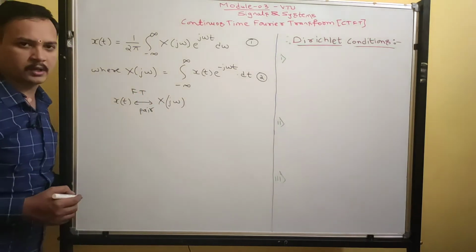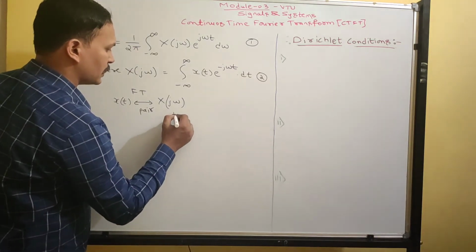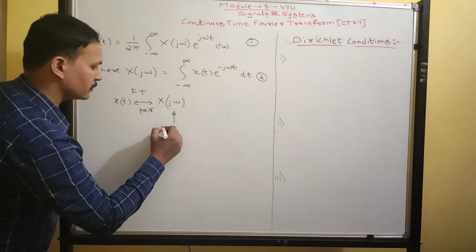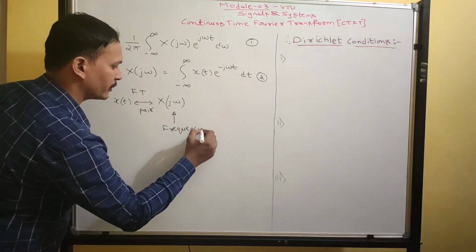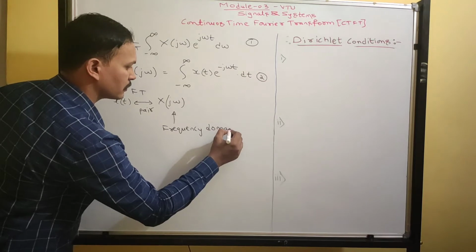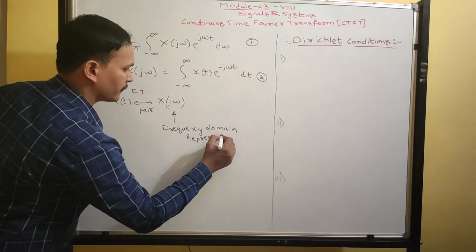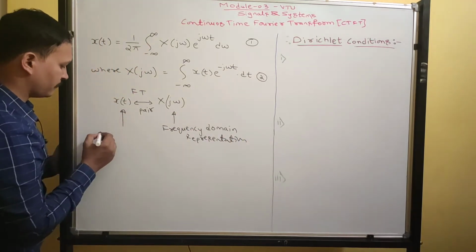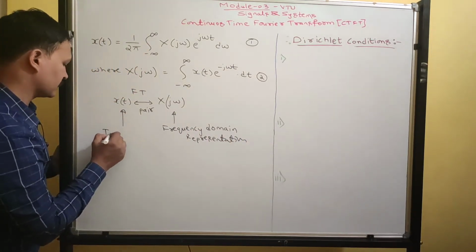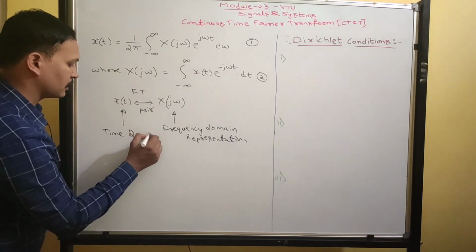Keep in mind X of j omega is the frequency domain representation, and x of t is the time domain representation.